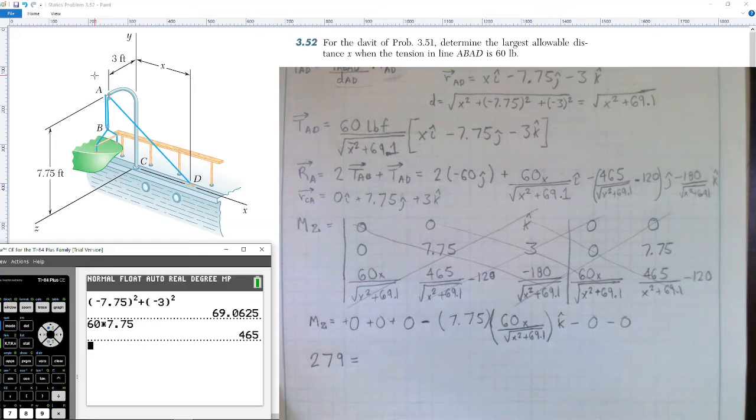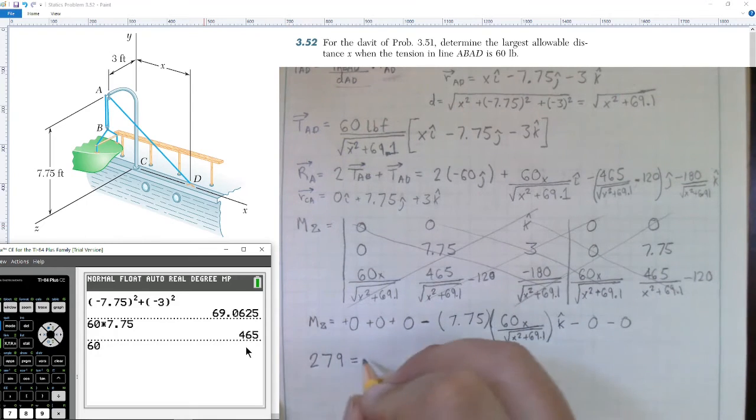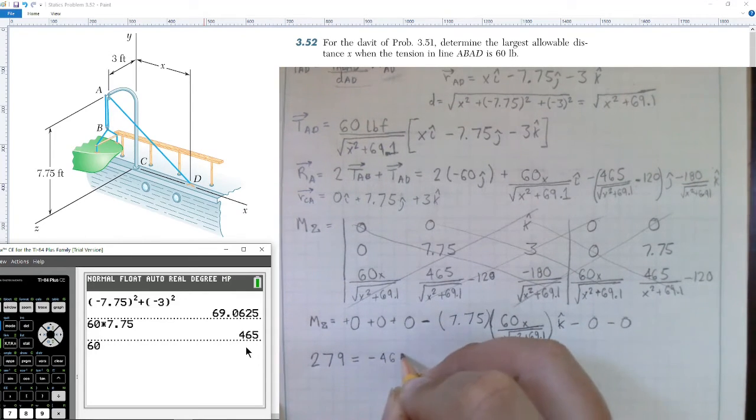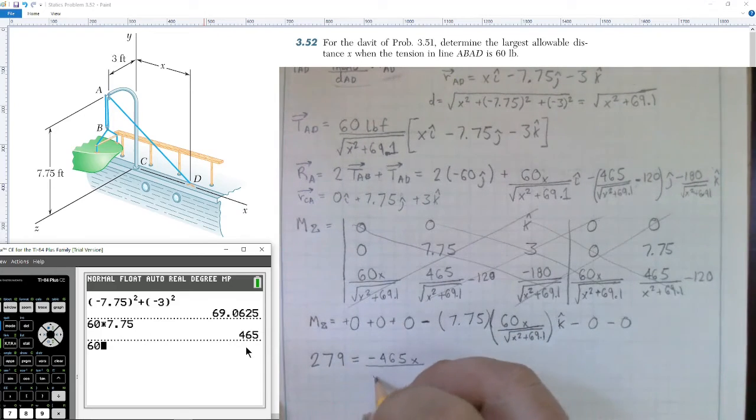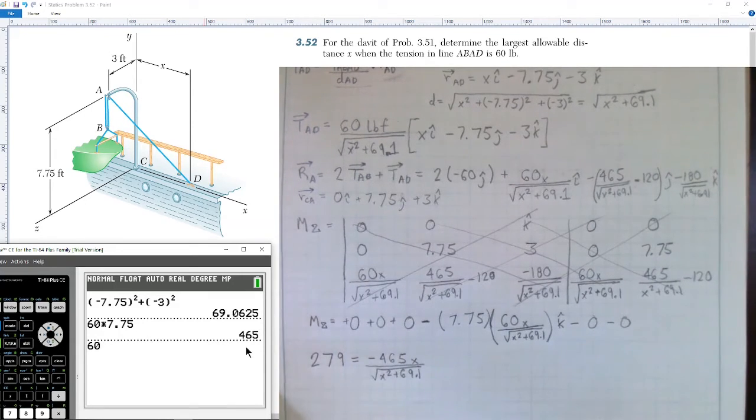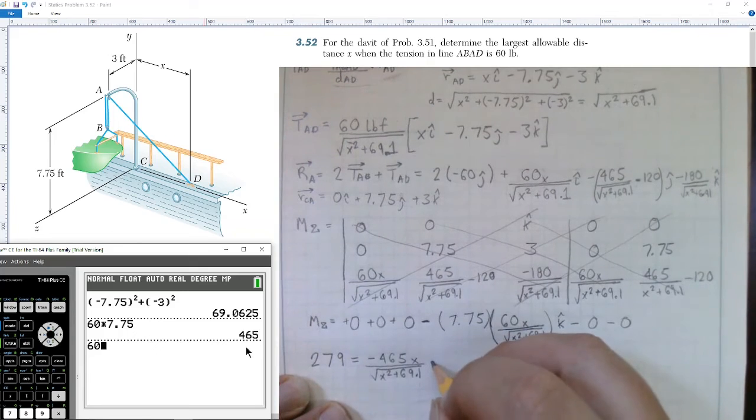We can always double check. 60 times 7.75 we know is 465 right here. So we have minus 465x divided by the square root of x squared plus 69.1.